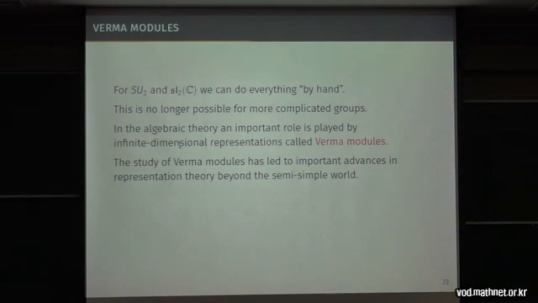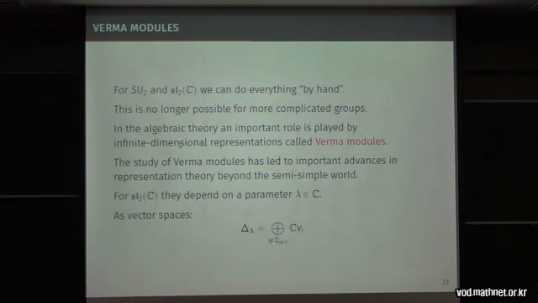And this is the theory of Verma modules. So Verma modules are extremely fundamental objects, and they initially arose in just trying to understand the finite dimensional representations of complex semi-simple Lie algebras. So for SL2C, they depend on a single parameter, and as vector spaces, they're just countably infinite in one direction.